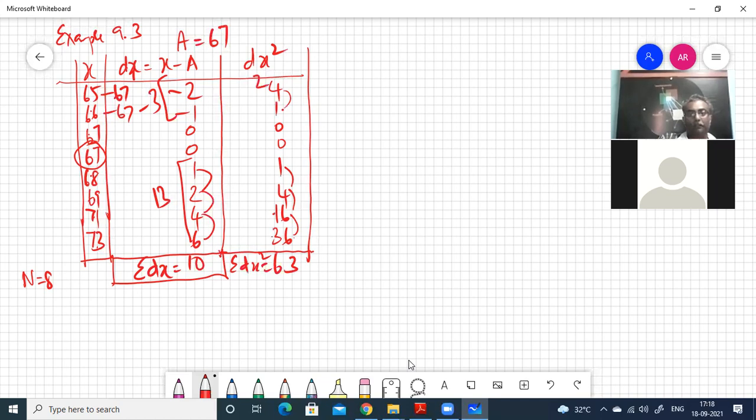So d of x squared is equal to 63. Some mistake is there. 6 plus 6 is 12, 12 plus 4 is 16, 17, 18, 19, 20, 21, 22. Sorry, 22. So 62. Very good. Now you got that sigma d of x squared. Now what you have to do, you take y.